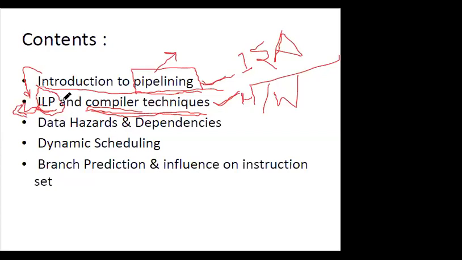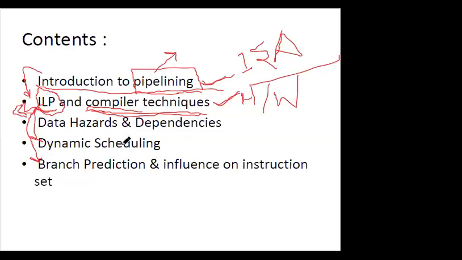When ILP is modeled by using hardware alone, then it's just ILP. The compiler techniques of ILP involve pipeline scheduling, loop unrolling, etc. Whereas the ILP done by hardware involves dynamic scheduling and branch prediction.